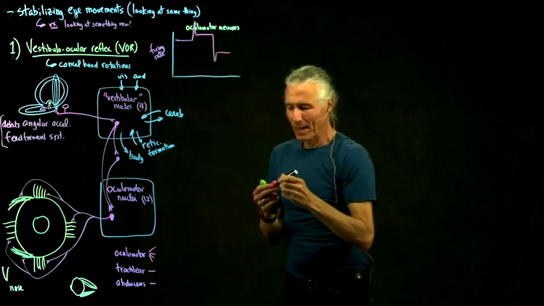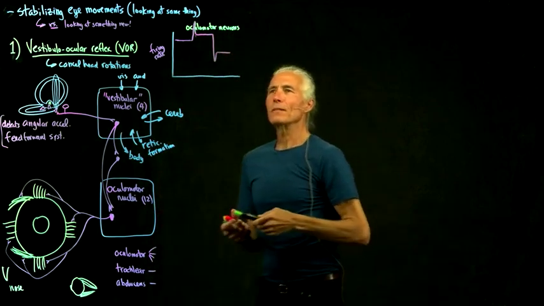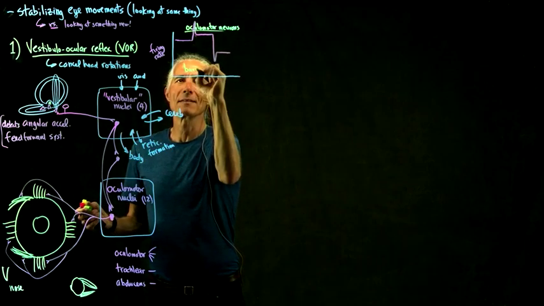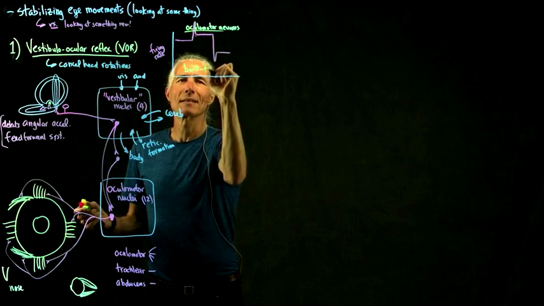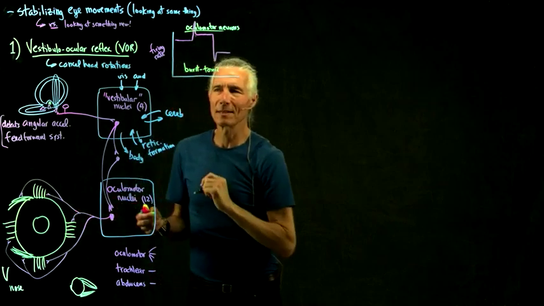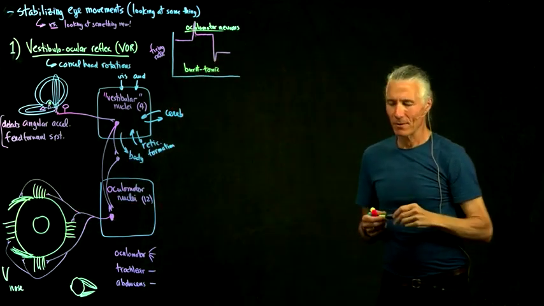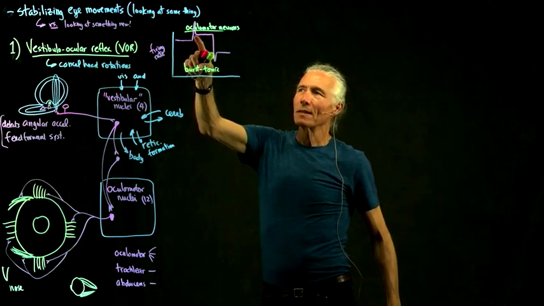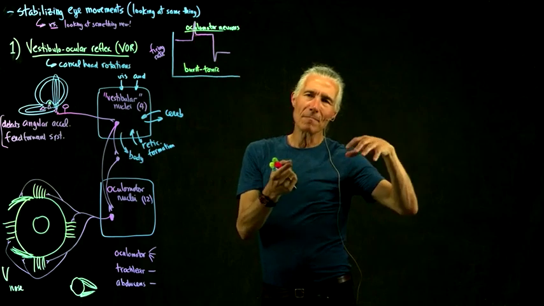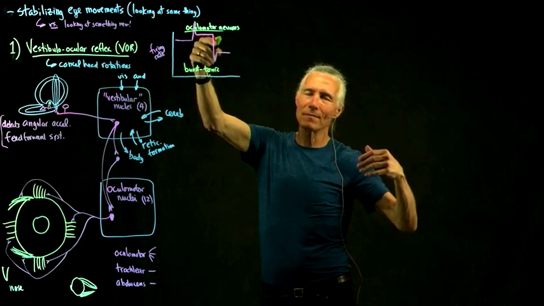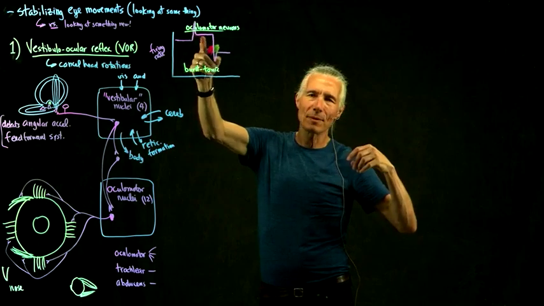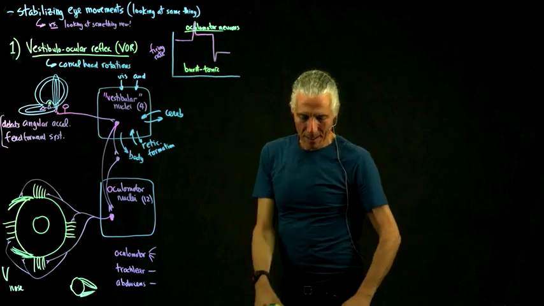So this pattern of oculomotor neurons is called burst tonic, because it has a little burst, and then it has some tonic, which just sort of means continuous firing rate. So that's the final output of the system, and we'll see as we go into the system, these different parts of the signal come from different parts of the system, like the burst comes from a different place than this continuous signal.